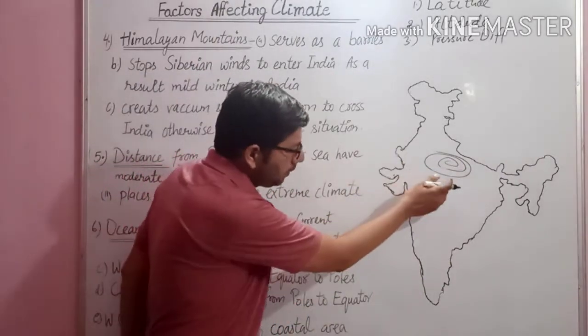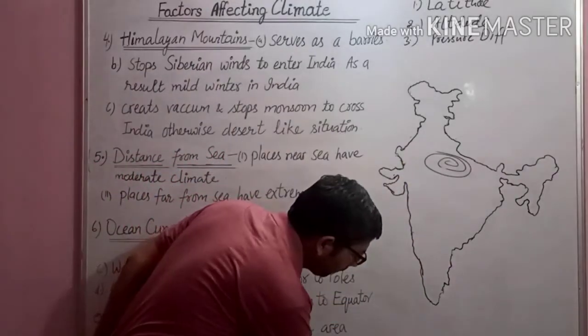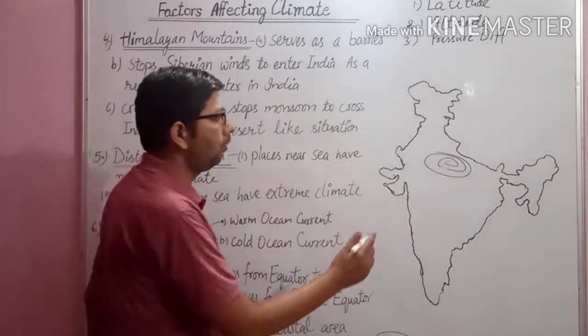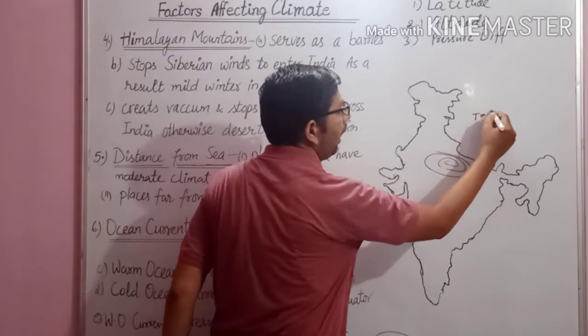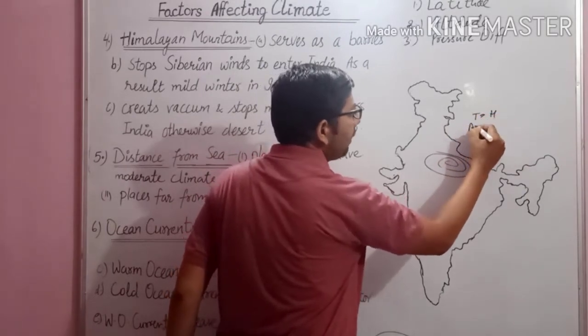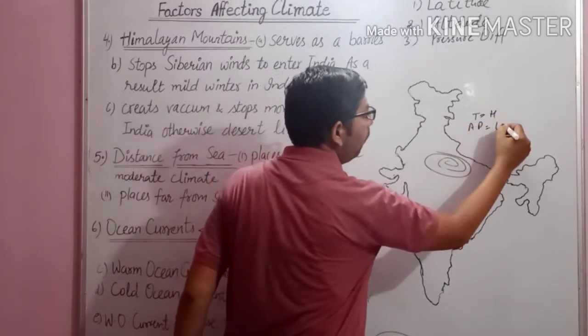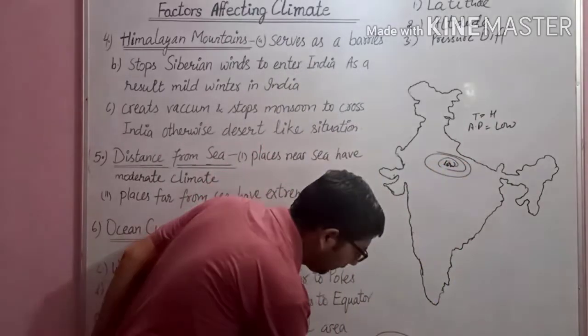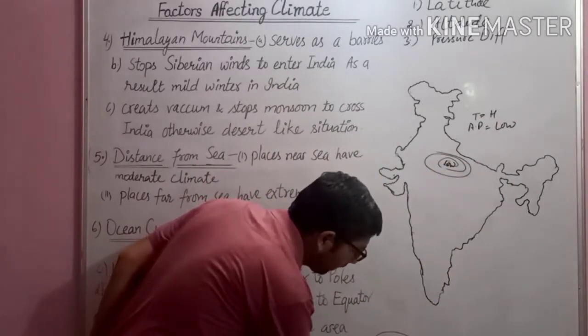As compared to this Indian land mass, the Indian Ocean has low temperature. If the temperature is high, the air pressure would always be low. So here we have low air pressure and here we have high air pressure.